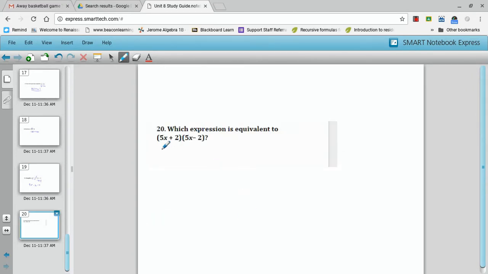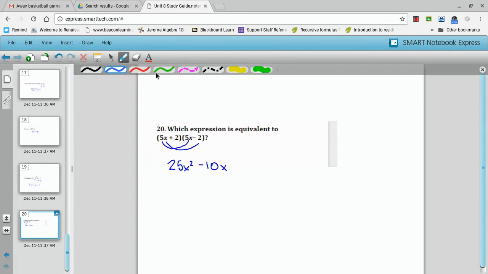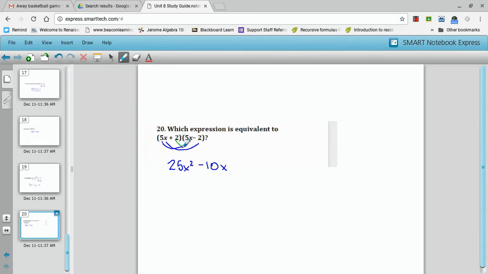And the last one, we need to multiply. 5x times that 5x, we're distributing. 25x squared. Then we do 5x times a negative 2 is a negative 10x. Now let's change colors and do the other number. 2 times 5x, 10x.